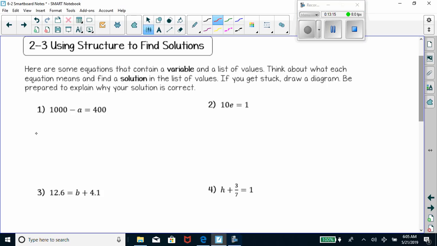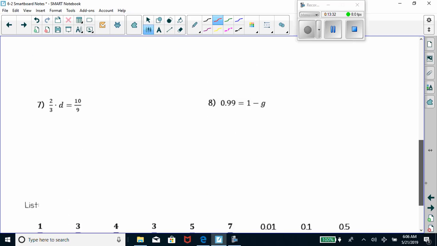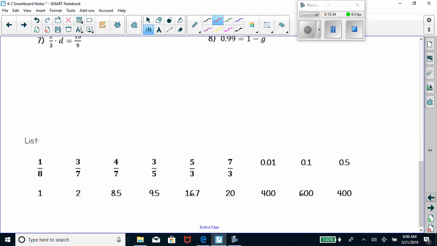So just by inspection, I know that 1,000 minus 600 equals 400. So when I go down to my list of solutions, I want to see, is 600 one of my possible answers? Yeah, it is.